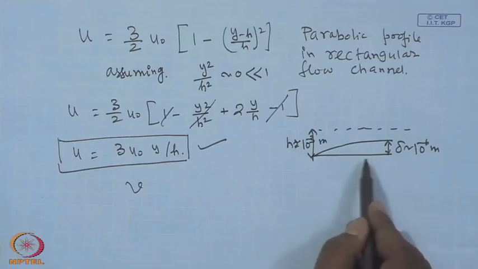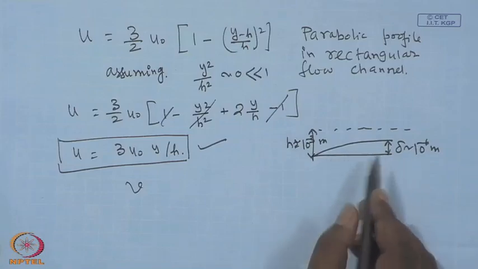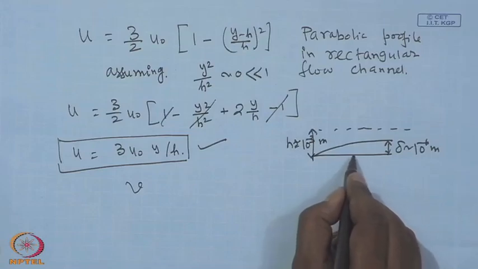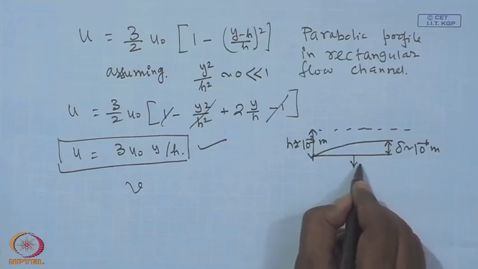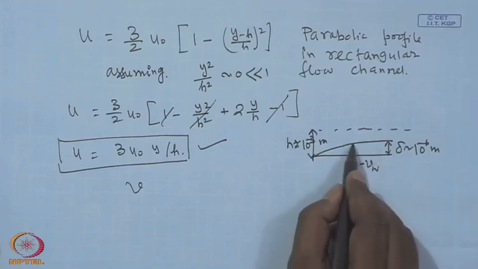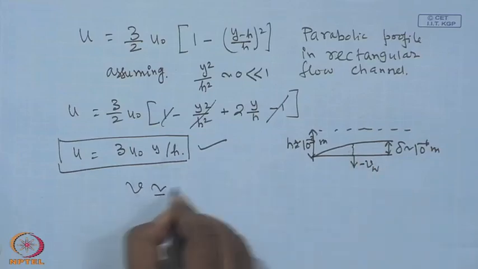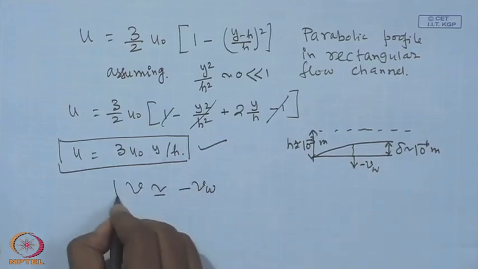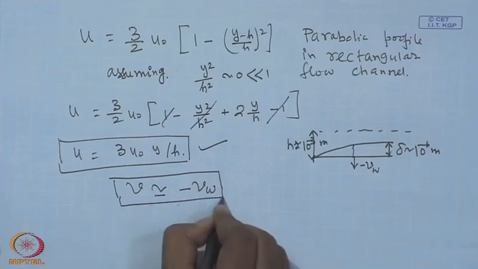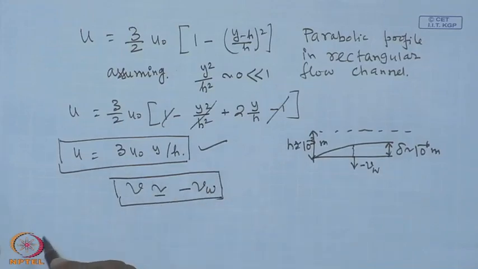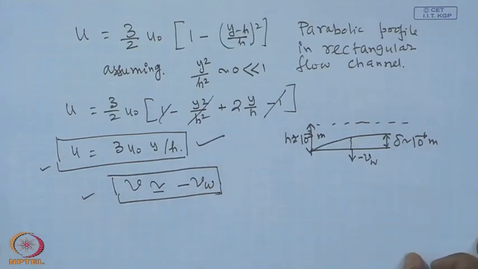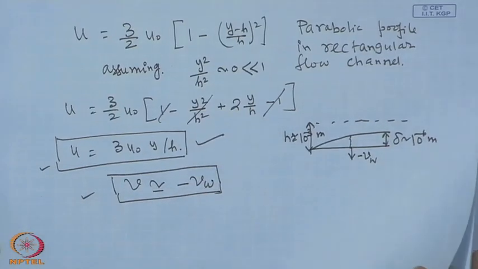Within this thin boundary layer, we assume that whatever the y component velocity is at the wall remains the same within the mass transfer boundary layer as well. So, we assume that velocity is nothing but minus V w at the wall. With the help of these 2 simplified velocity profiles, we can solve the advective equation within the mass transfer boundary layer.